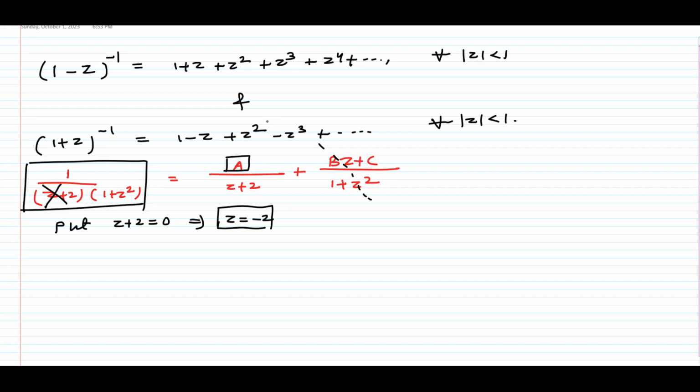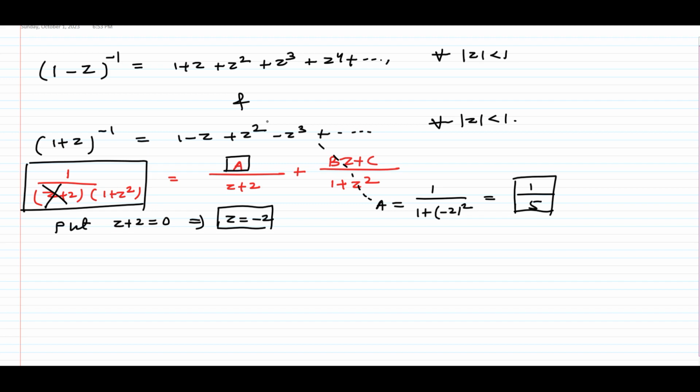So our remaining term will be, the value of a will be, we put z equal to negative 2 in the expression 1 upon 1 plus z square, that is 1 upon 1 plus (negative 2) whole square. So the value of a will be 1 upon 1 plus 4, that is 5. So we have already got the value of a, that is 1 upon 5.